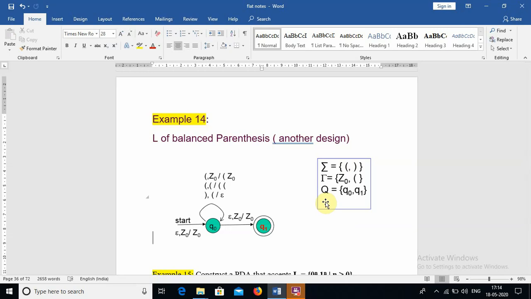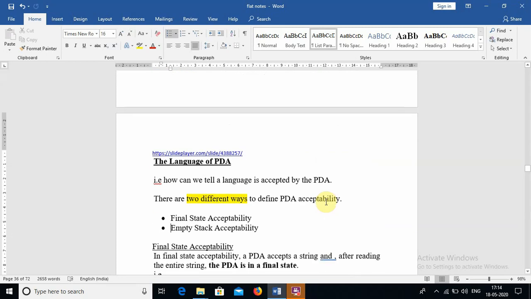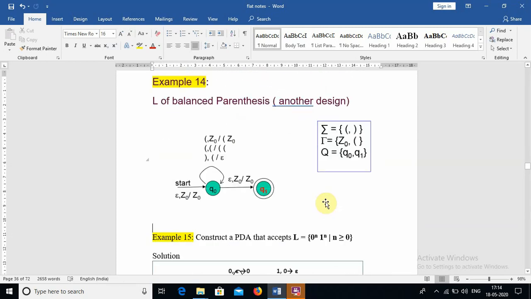So the same example we are repeating. It's not a repeating of the example. In the previous examples we had n greater than or equal to 1. Here we have n greater than or equal to 0. If n equals 0, epsilon is also an input string here.